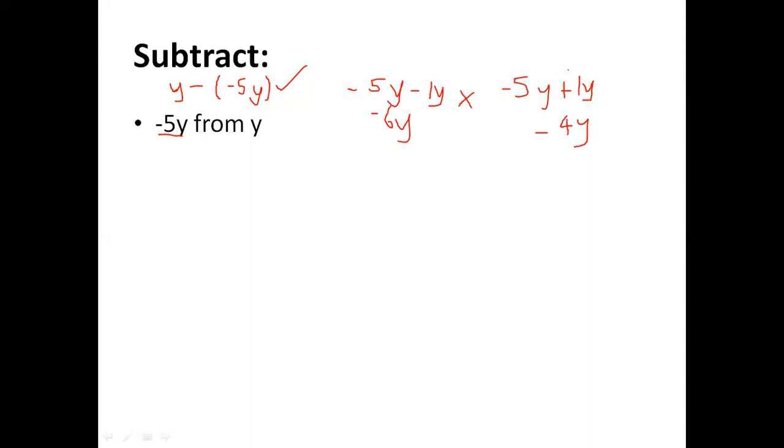But when I have subtraction, and the question is clearly telling me I have to take out minus 5y from y.